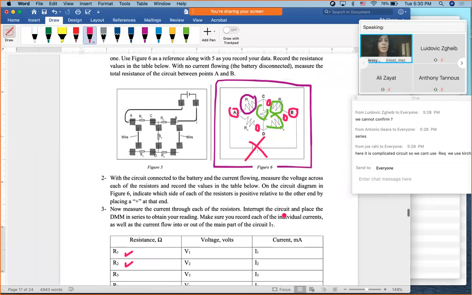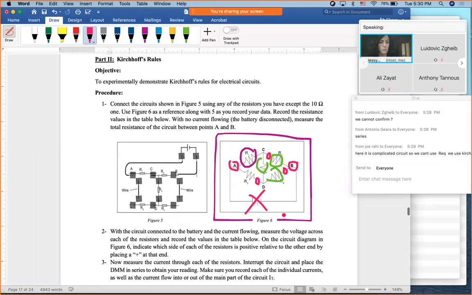Did you do Kirchhoff's rules in the course? I'm asking if you did Kirchhoff's rules in the course, and your answer is gonna be yes or no, or I don't know, or maybe.